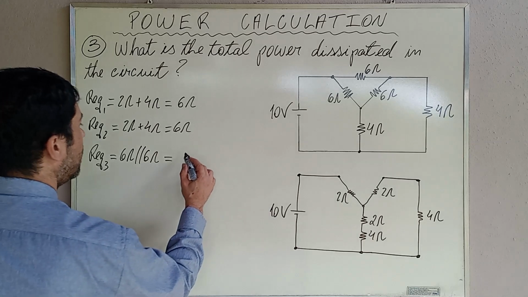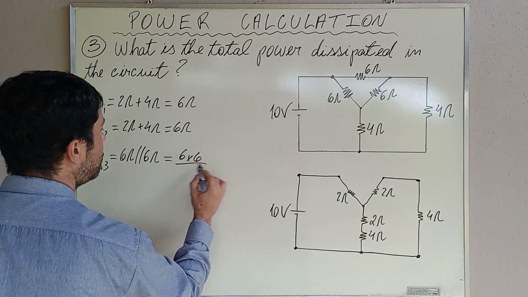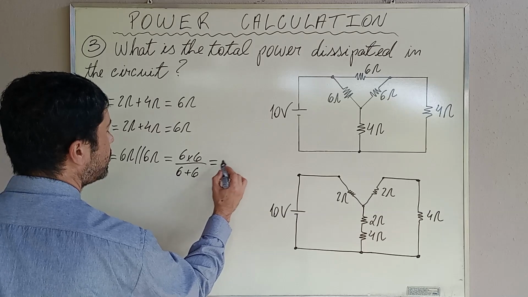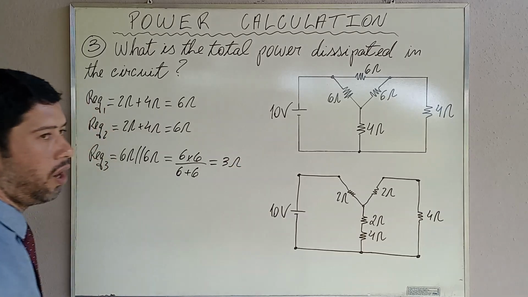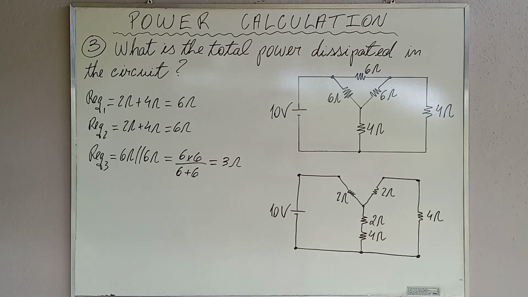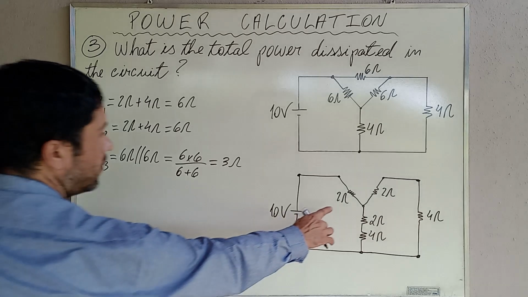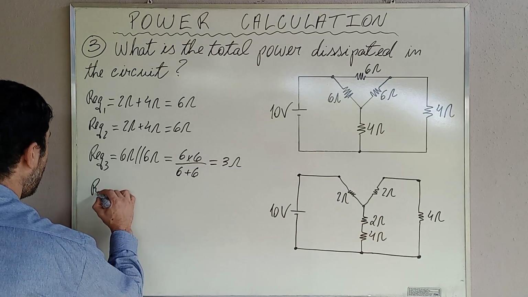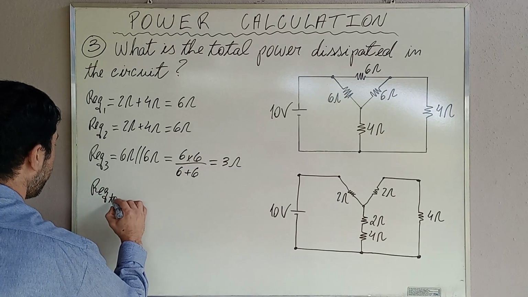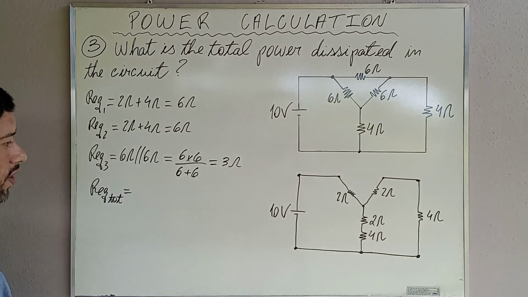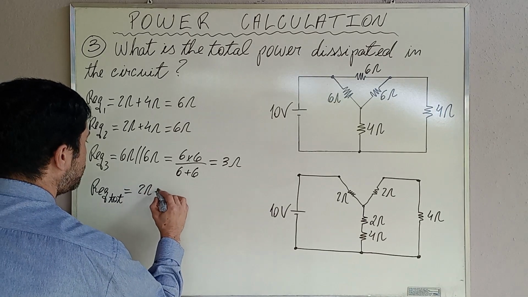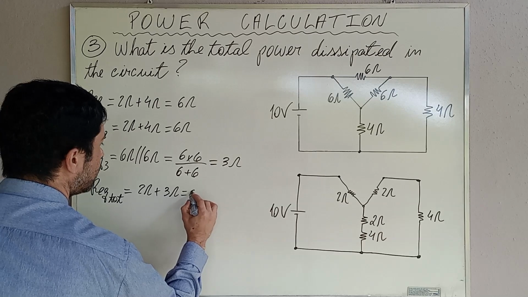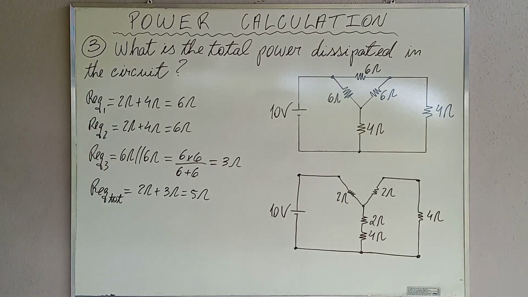That is 6 times 6 divided by 6 plus 6, which is equal to 3 ohms. Now there are 2 resistances in series, this and this. The total equivalent resistance is 2 ohms plus 3 ohms, 5 ohms.